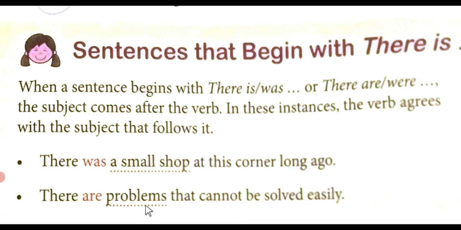So problems is the subject which comes after the verb. So in these instances, the verb agrees with the subject that follows it. Are is a plural verb. The verb are is plural.